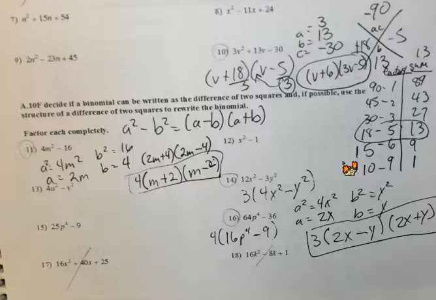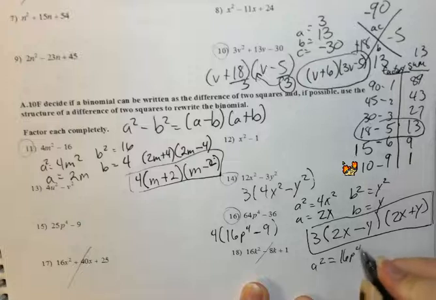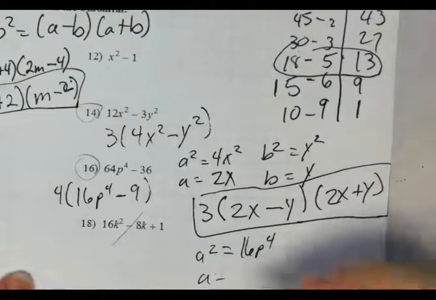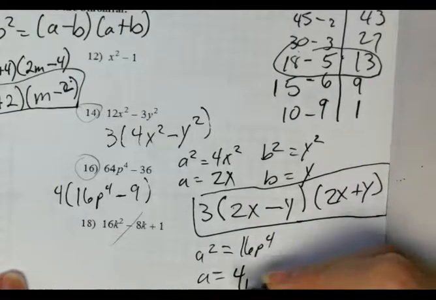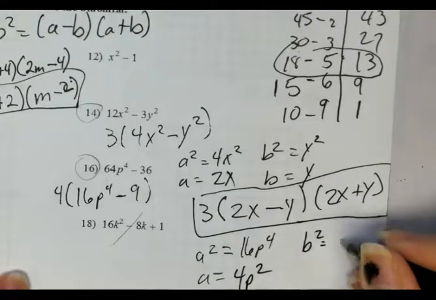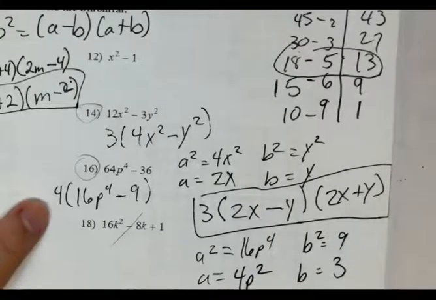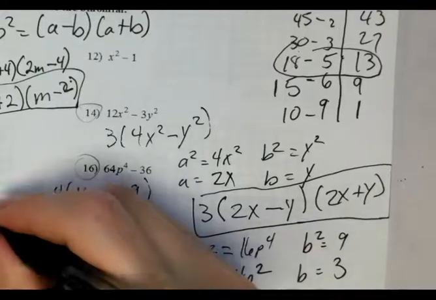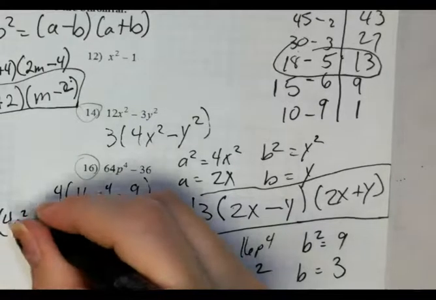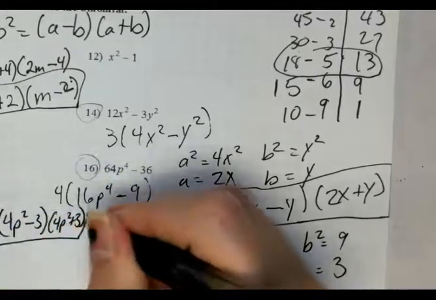So from there, we have a squared equals 16p to the 4th, and so a would be 4p to the 2nd power. B squared would be 9, so b would equal 3. Square root of 9 is 3. So when we plug it into the formula, we get 4 parentheses 4p squared minus 3 and 4p squared plus 3. And those would be our factors.